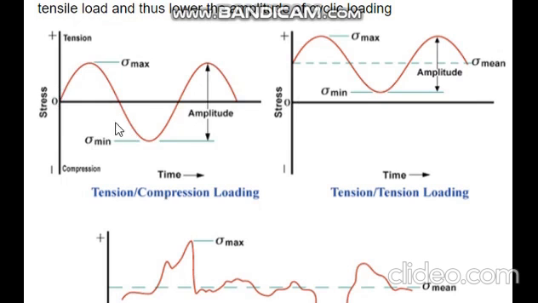Here in this cycle we saw that half of the cycle is on the tension side, half of the cycle on the compression side. But it can be this way also. You see, it initially has some tensile stress already.